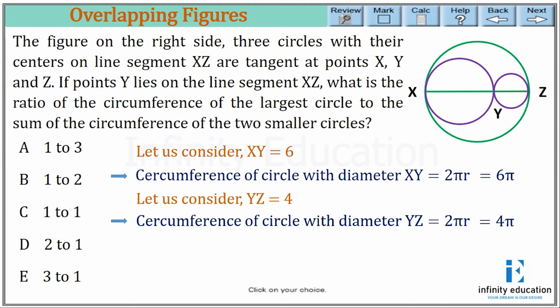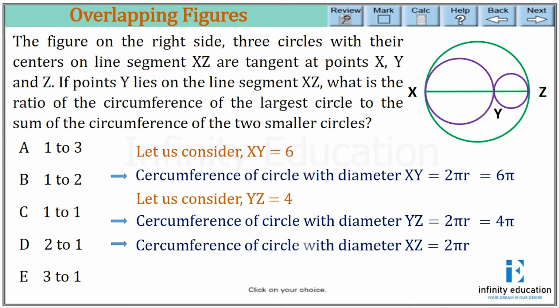Now the circumference of the circle with diameter XZ, the biggest or outermost circle, is again 2 pi r. XZ is a total of 10, because we considered XY as 6 and YZ as 4. So the circumference of the circle with diameter XZ is 10 pi.